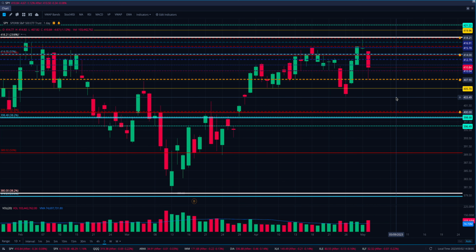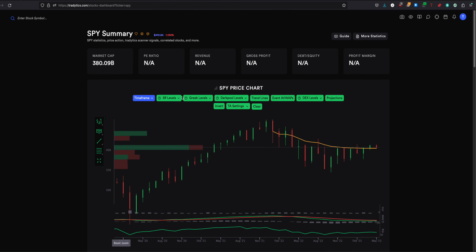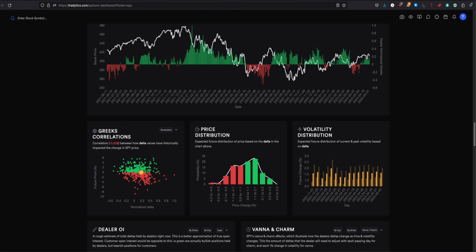And one way I'm going to do that is I'm going to use gamma levels, or I'm sorry, not gamma levels, but delta distributions to give me estimates of what, based on dealers' positioning, what they think about the potential moves by the end of this week will be. Right here you see that the most likely outcome is a bullish move of up to 2%. Our second most likely outcome is a bullish move up to 1.1.